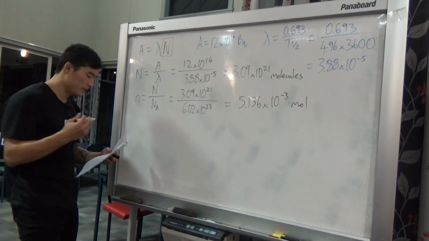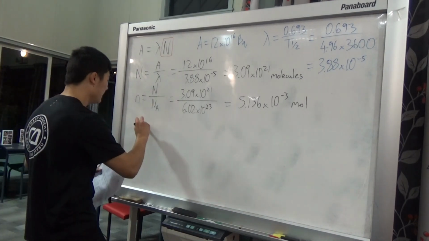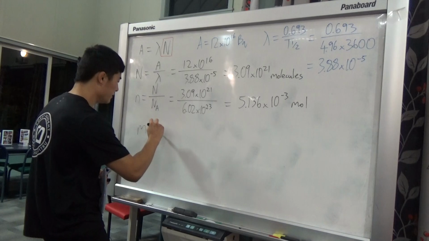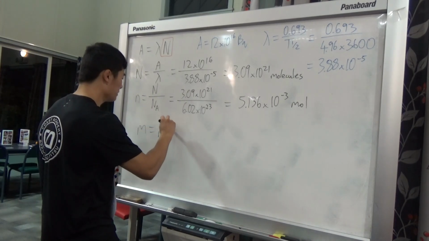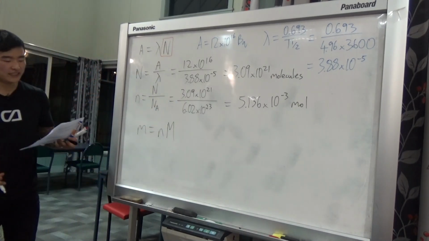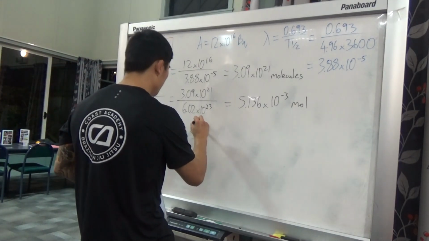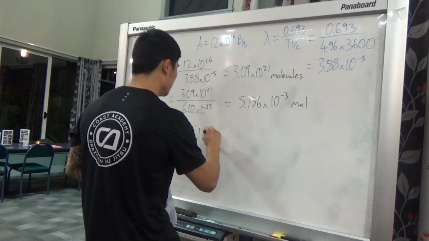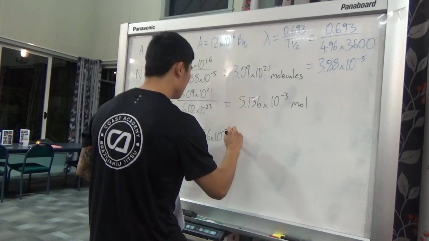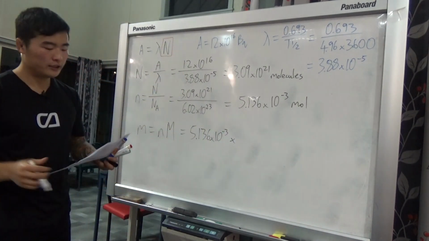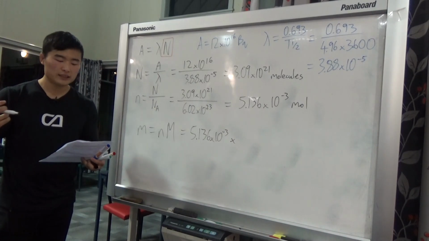Now you have the number of moles, so you can figure out the mass. So mass is equal to the number of moles multiplied by the molar mass. So 5.136 times 10 to the negative 3 times the top number, which is your mass number.